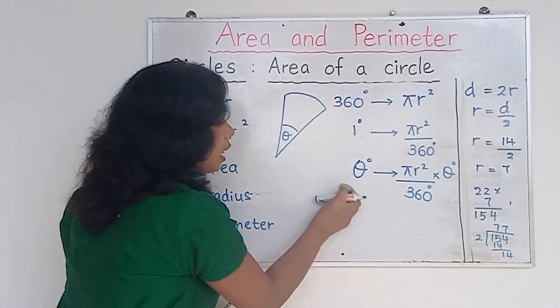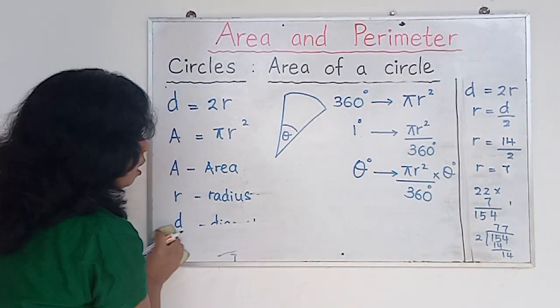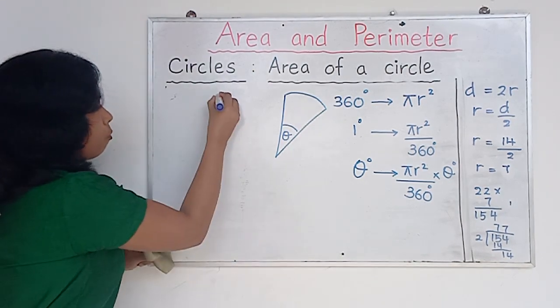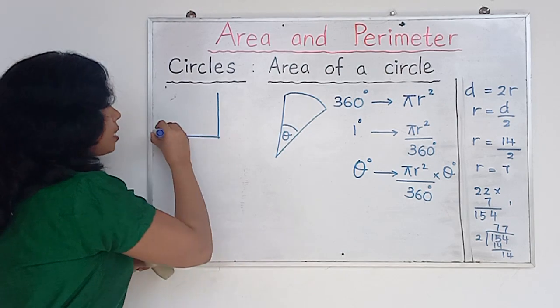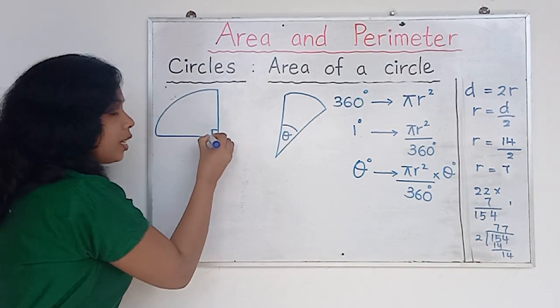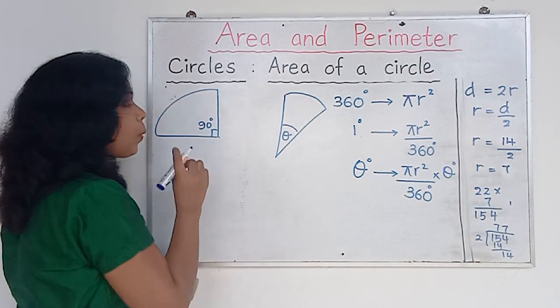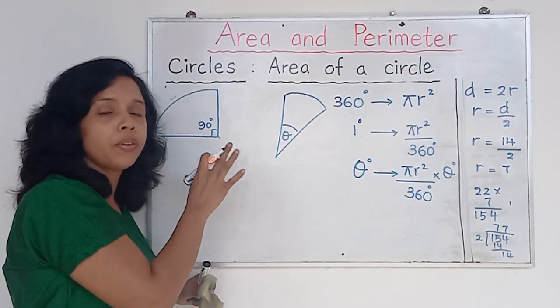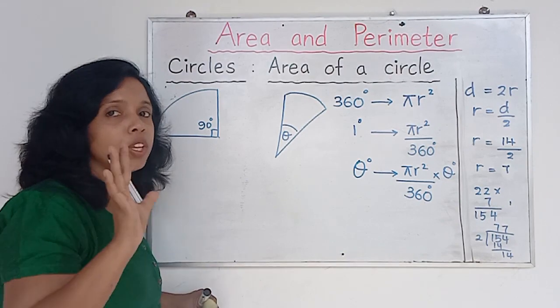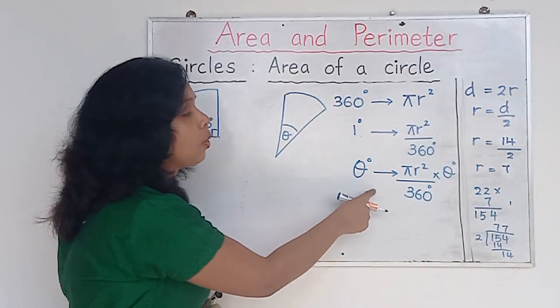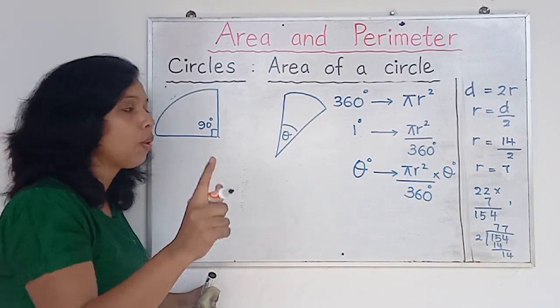Children, shall I show you something? Now you know these formulas. When I draw like this, what is the number of degrees you can have? It is 90 degrees, right? So you know already this is a quarter circle. Without talking about the quarter part, if I use this formula with this theta value, look at this.